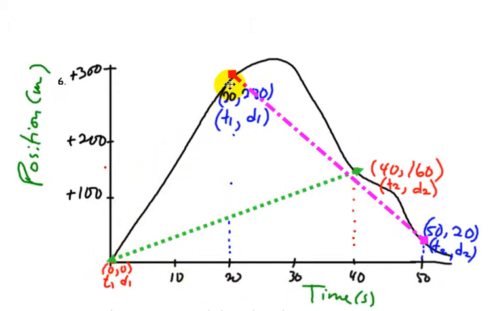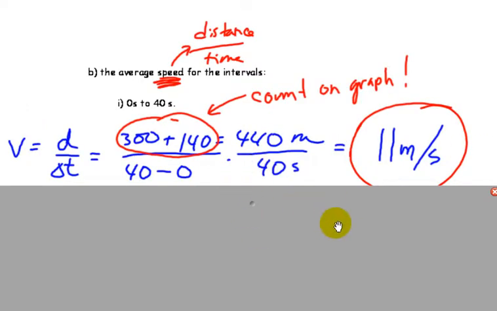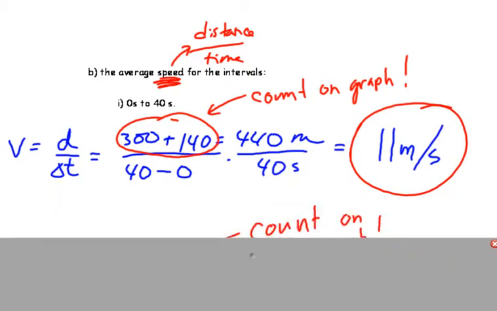So 300, because we see that lines up with 300, and then to get to the 160 marker, we must have gone 140 in this direction, because 140 and 160 gives me 300. And it's the same time here, 40 seconds, so we went 11 meters per second.